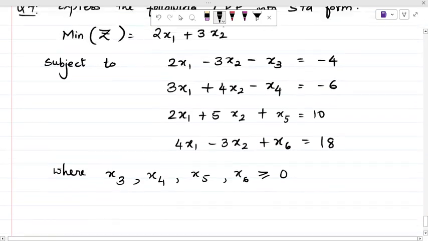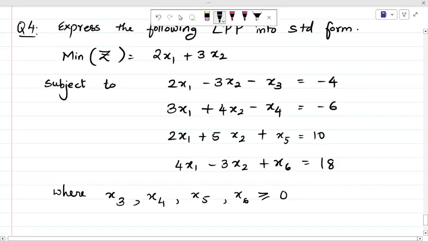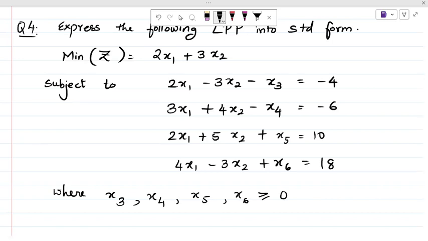Moreover, what is special about this question is that it is of minimization type, but all the conditions are equality. So how do we convert it to standard form? We want equal signs, and already we have equalities, so we cannot have a slack variable nor a surplus variable.